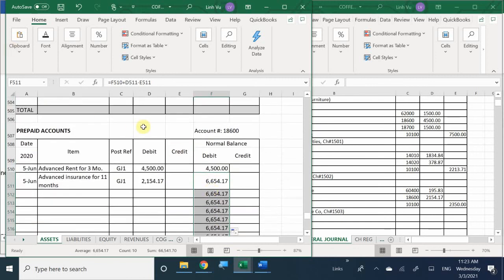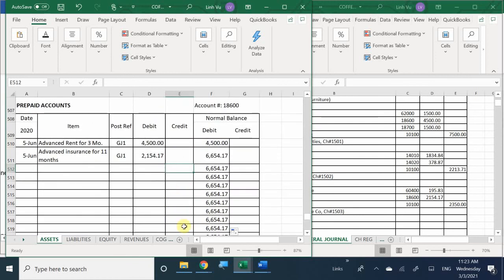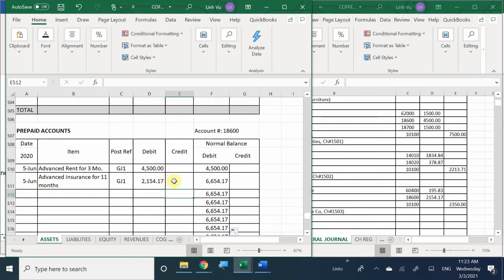Next time I use another prepaid account, which we will, obviously these are geared towards how many transactions you will be having. So in this case, we will be looking into making more changes to the prepaid account, right? So I pulled the formula down, and I still have $6,654.17.